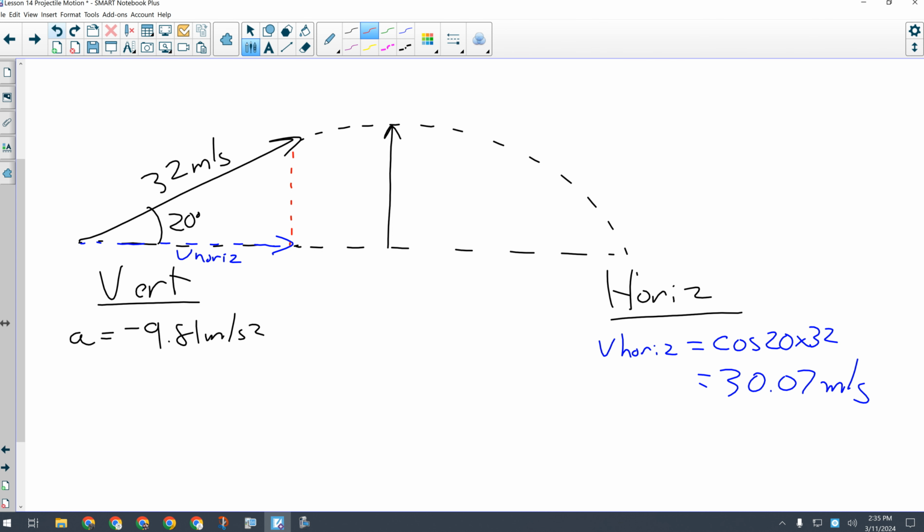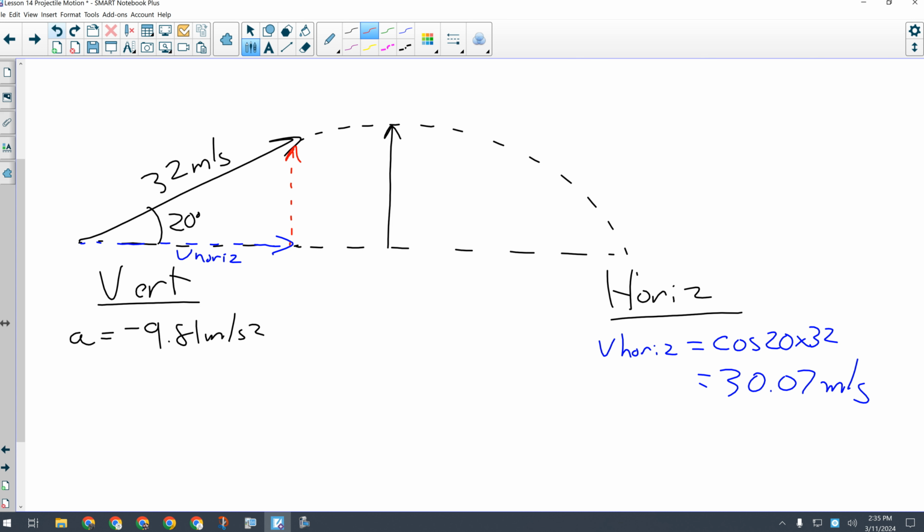Vertically speaking, the object is going to accelerate due to gravity. So when I calculate this side of this triangle, that's only going to be the initial vertical velocity, because as soon as the General Lee leaves the ramp, gravity is going to start trying to bring it back to Earth.